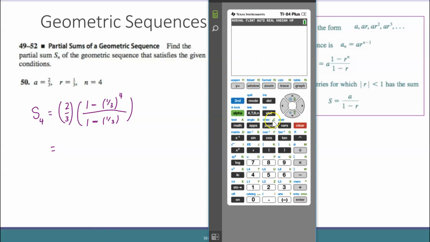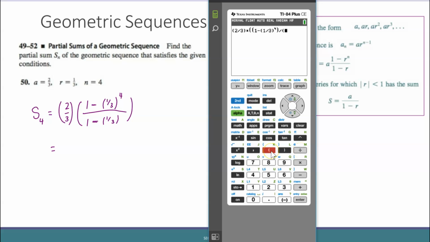Let's take 2/3 and multiply that by, I'm going to need an outer parentheses for the whole thing, then an inner parentheses, one for the numerator, one for the denominator. This is going to be 1 minus 1/3 raised to the 4th power. There's my first numerator.